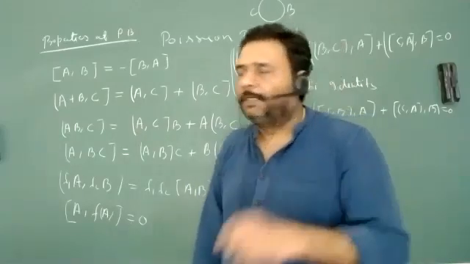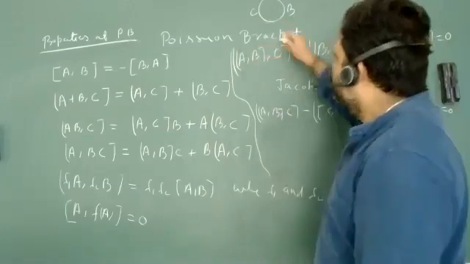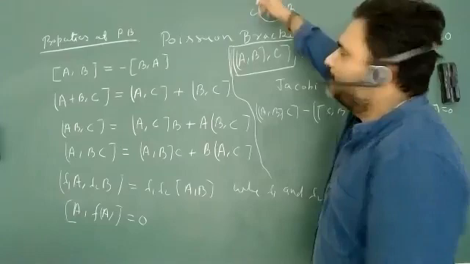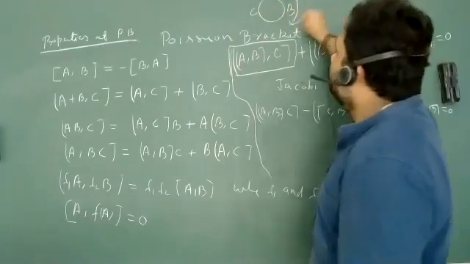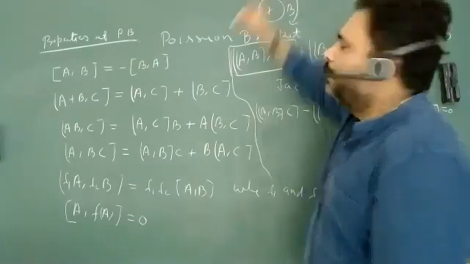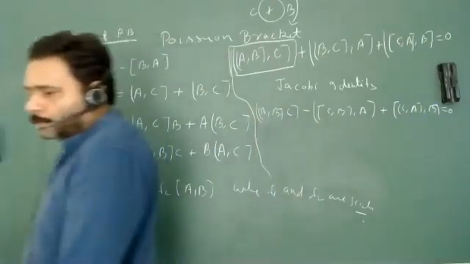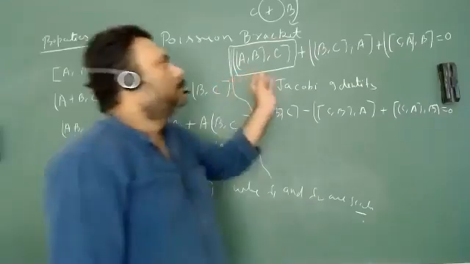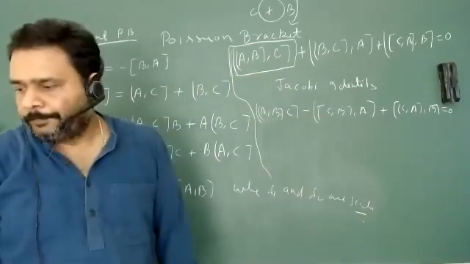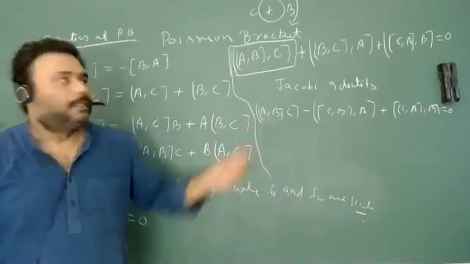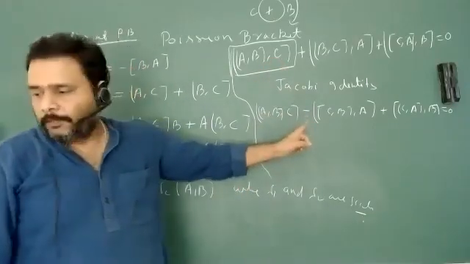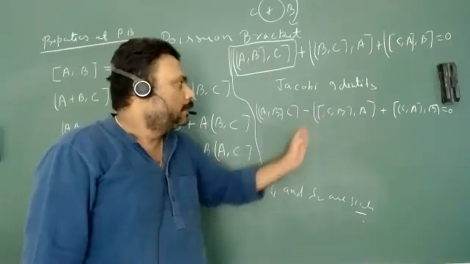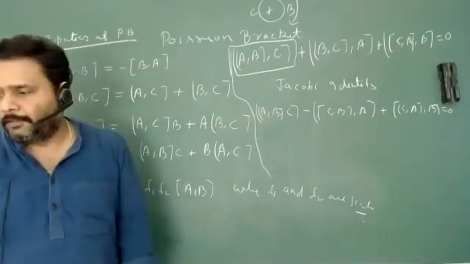So you have to always keep in mind the rule that the first term you write directly and then make the cyclic permutation. If you are moving in the clockwise direction, you take the direction as positive. There are some questions in GATE that ask which one of the following is correct. Then you can just write accordingly. This is also the Jacobi identity and this is also the Jacobi identity. These two are equivalent because when I change B to C, the sign becomes plus and they are equivalent.